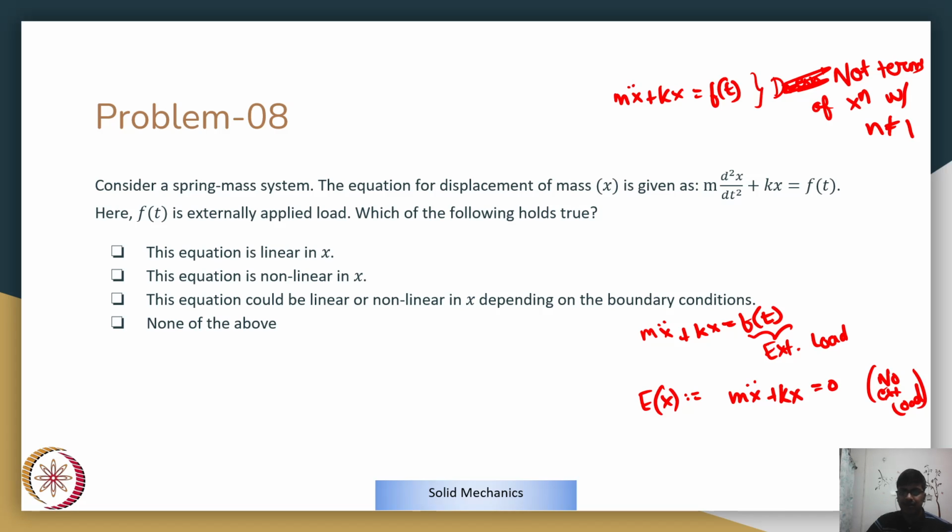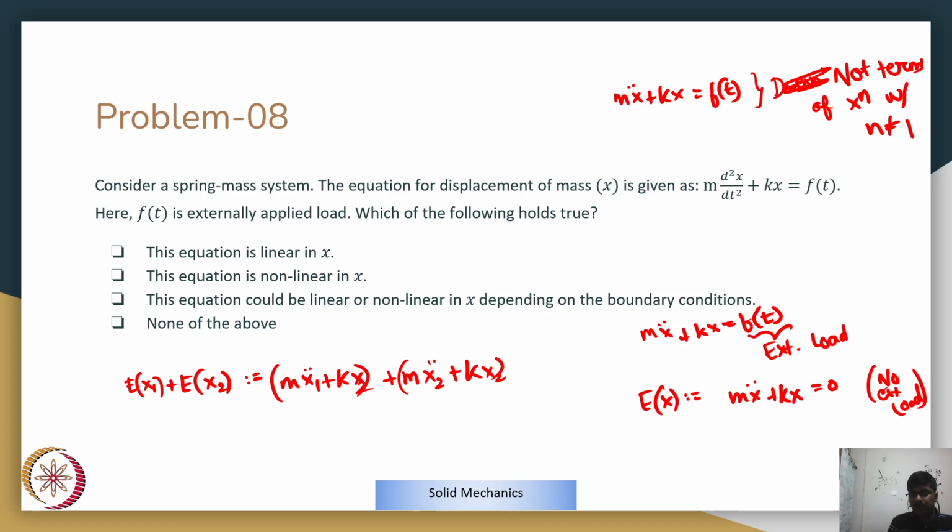Once I have this, I look at what E of x1 plus E of x2 would look like. That is m x1 double dot plus kx1 plus m x2 double dot plus kx2, equal to 0 plus 0, which is nothing but 0. So your equation becomes m times x1 double dot plus x2 double dot plus k times x1 plus x2 equal to 0.